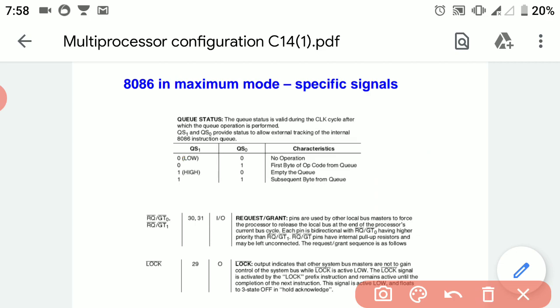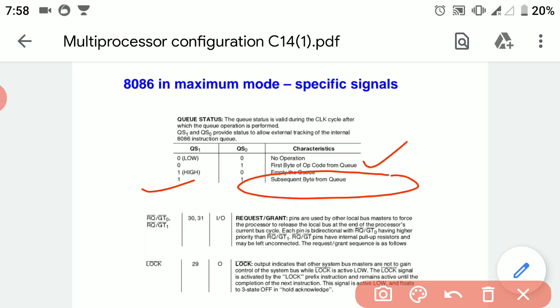Then the third condition, that is 1 0 state, at this state the whole queue will be empty. The instruction queue will be reset at this condition. And the last one is the 1 1 state, subsequent byte from the queue.